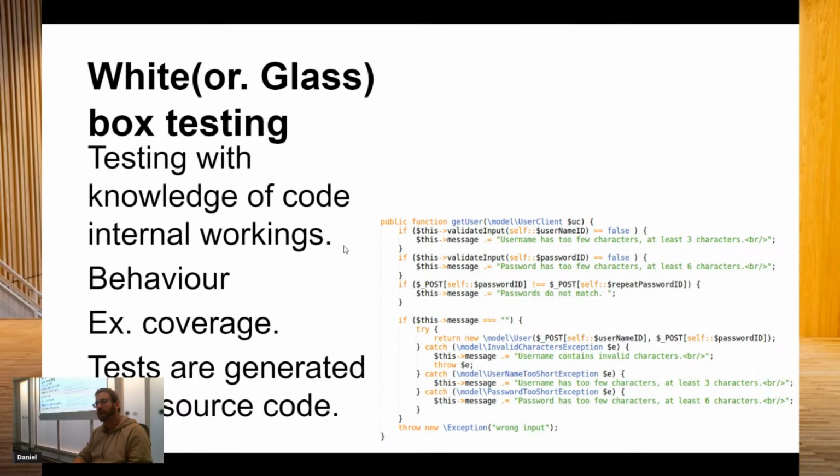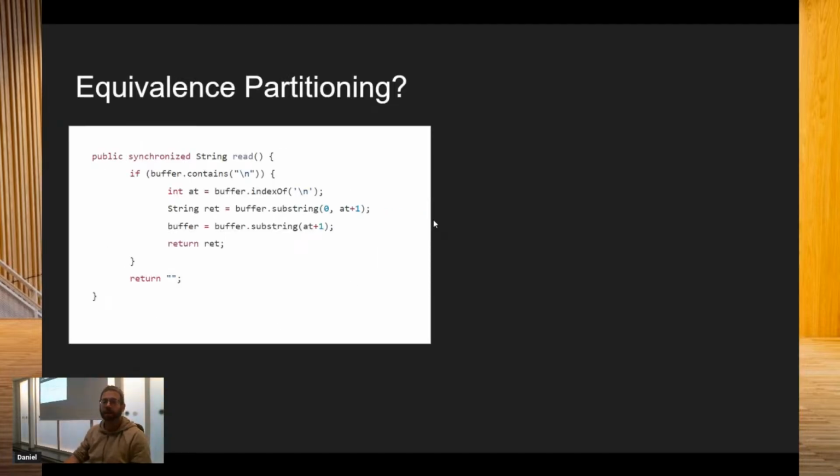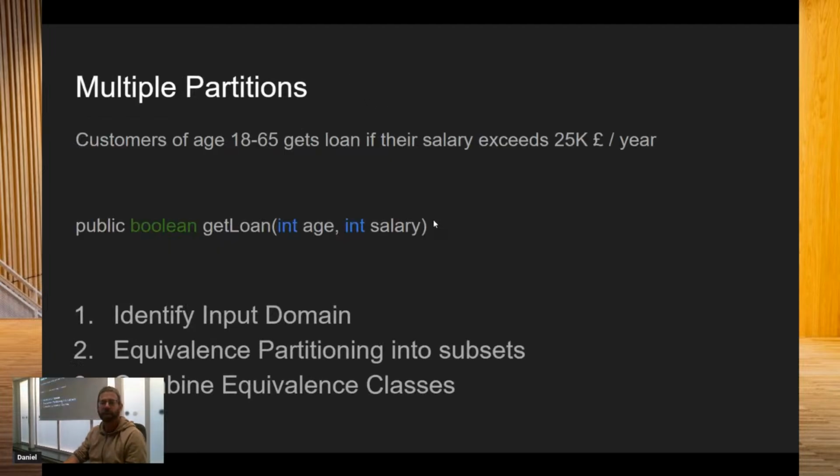And then perhaps one that is combining two of these and makes sure that the error message is right, since it can grow. But usually I'm not really thinking about equivalence partitioning. But we're going to grow it a little bit because we usually also have multiple partitions.